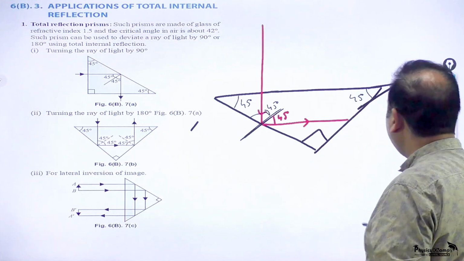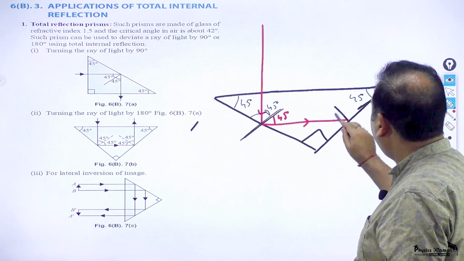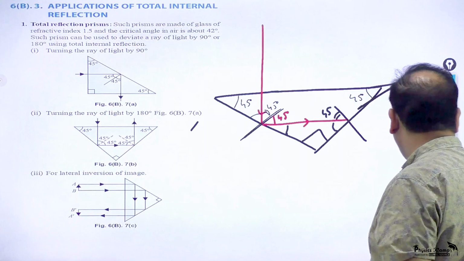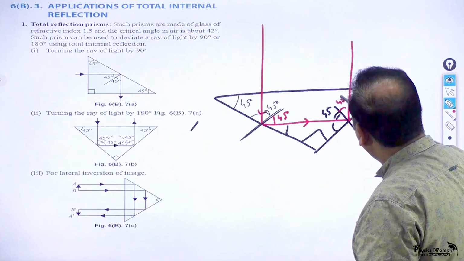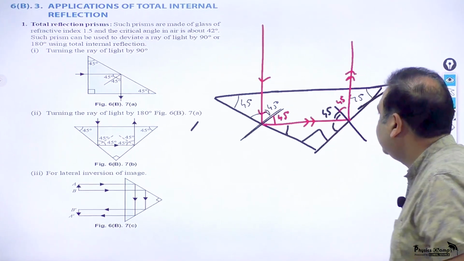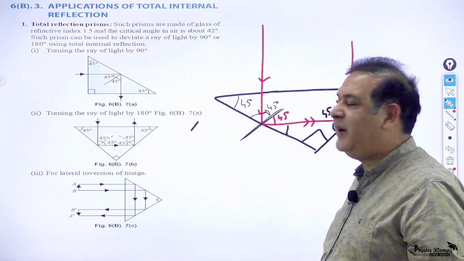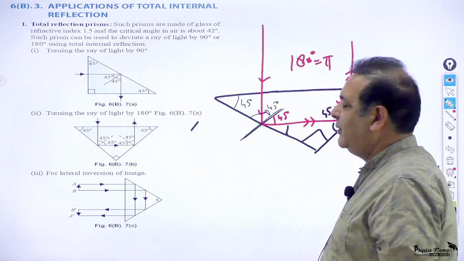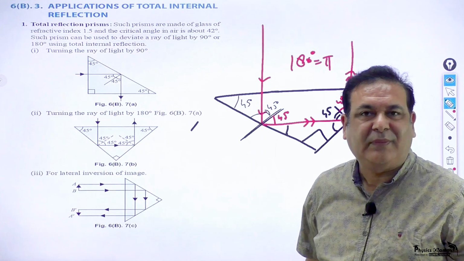And then again a normal. This is again going to be 45 degree because this is 45, this is 45. And it will suffer a total internal reflection here again at 45 degree like this. So the light beam is turned by 180 degree or pi. And here again it's a total internal reflection, so there is no loss of light.